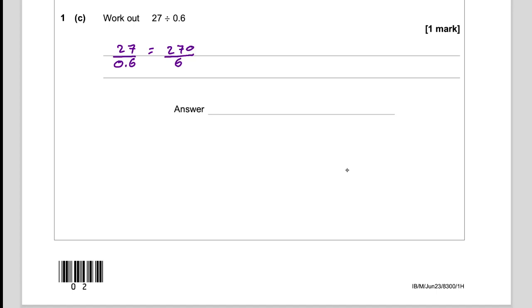So I'm going to do that sum. 6 into 270. 6 doesn't go into 2. 6 goes into 27 4 times. 6 times 4 is 24, 25, 26, 27, so I've got 3 remainder. Then 6 goes into 30 5 times, so my answer is just 45.